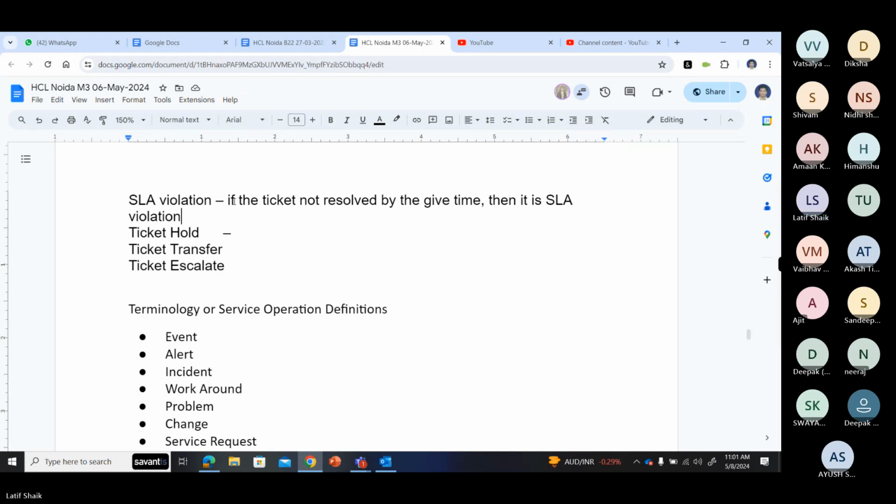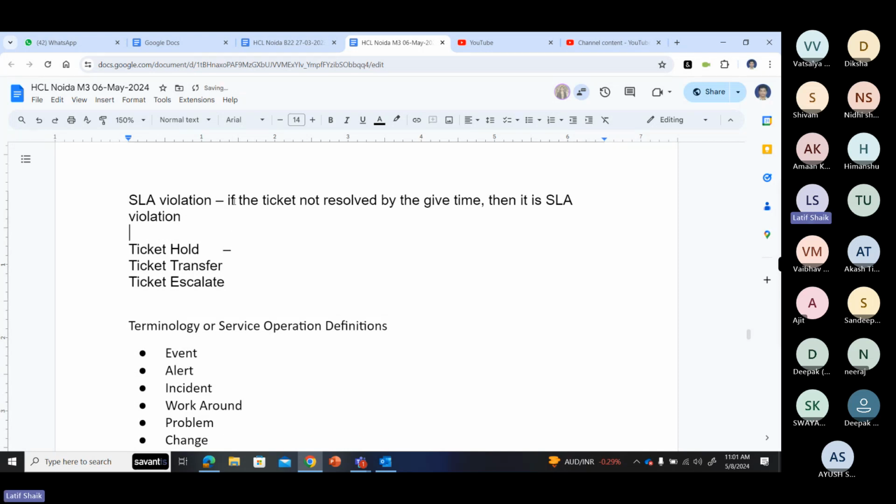That is the first thing. The second thing is that it is not good for your team, and very important, it is not at all good for your organization. If SLA violations happen at the organization level, the customer may put it into court, and there is a loss for that.